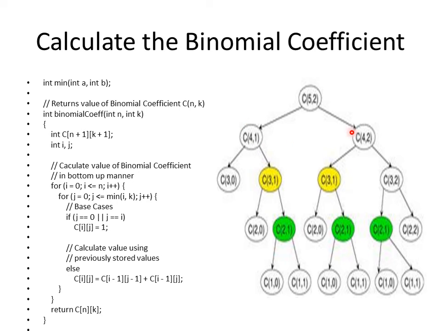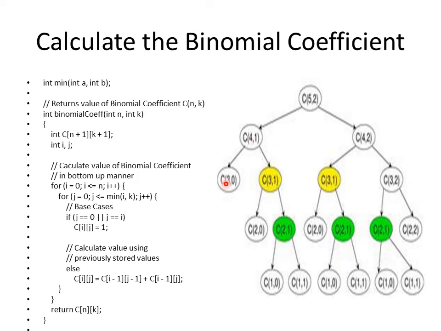In the next term, C of 4 comes from 5 minus 1, and j is kept as it is, 2. Now this function works recursively.